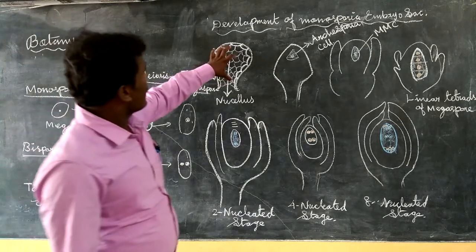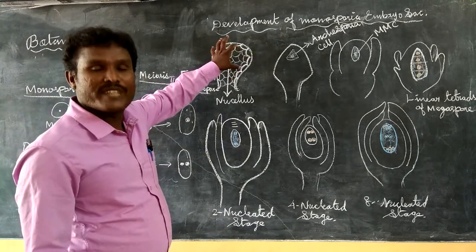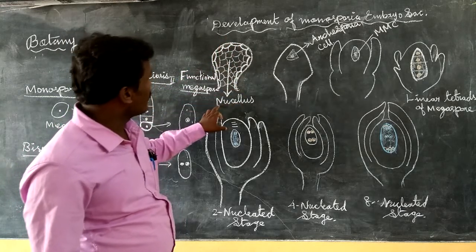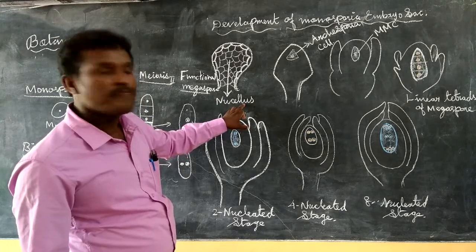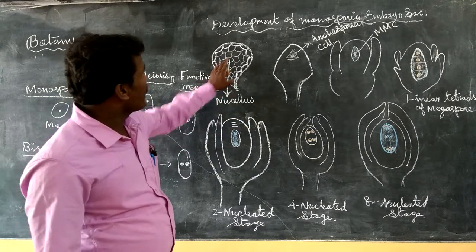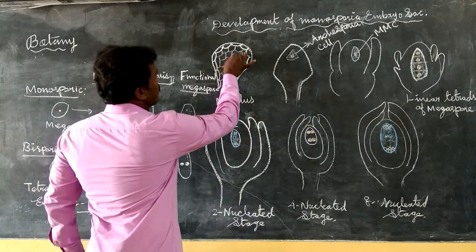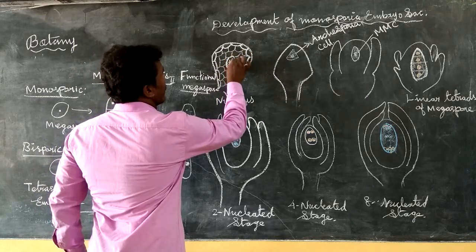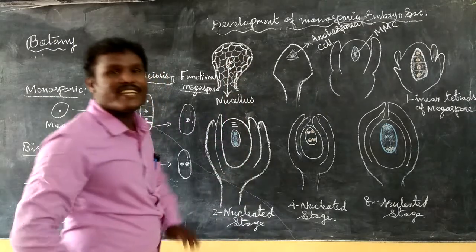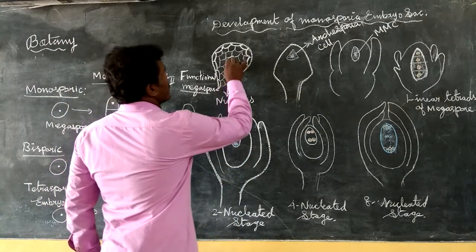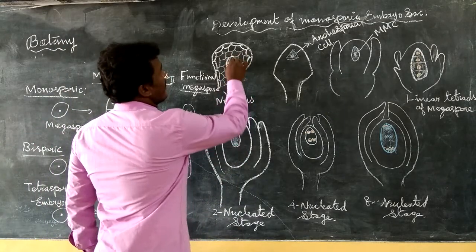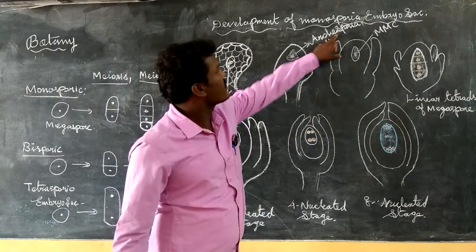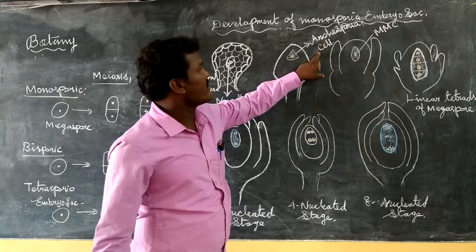Here you could see a developing ovule, a young ovule. In the center of the young ovule you could see the nucellar tissues. One among the nucellar tissues is larger and has a conspicuous, clear nucleus and dense cytoplasm. This cell is called the archesporial cell.